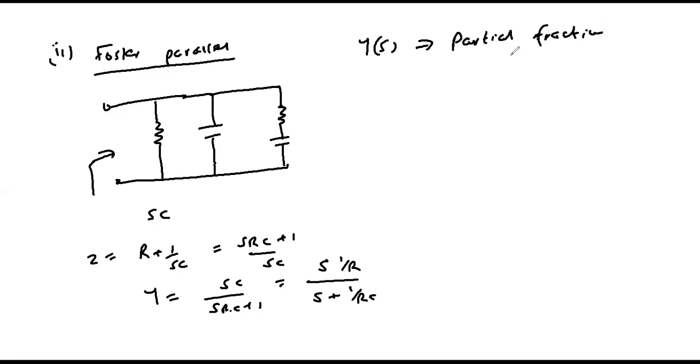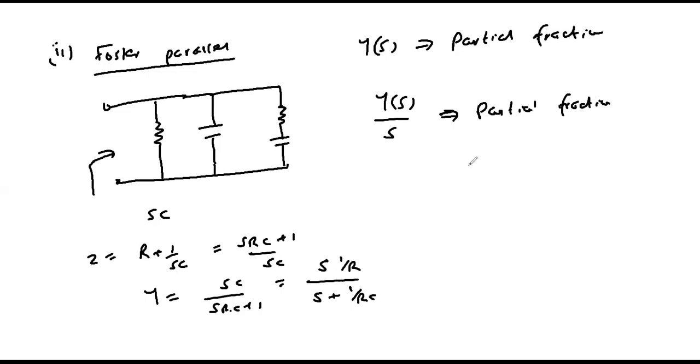And because we cannot have components with negative values, we do not expand the admittance transfer function directly, but we first take the admittance transfer function, divide it by s, and then expand that in partial fraction form.